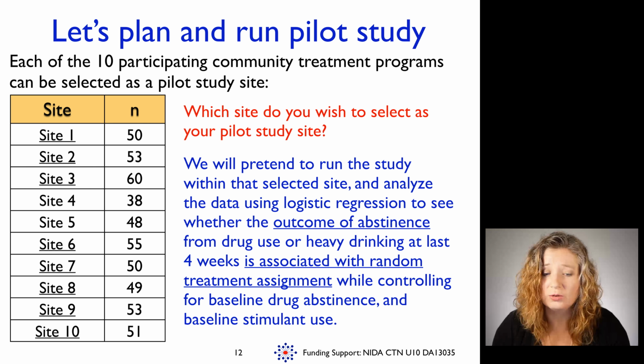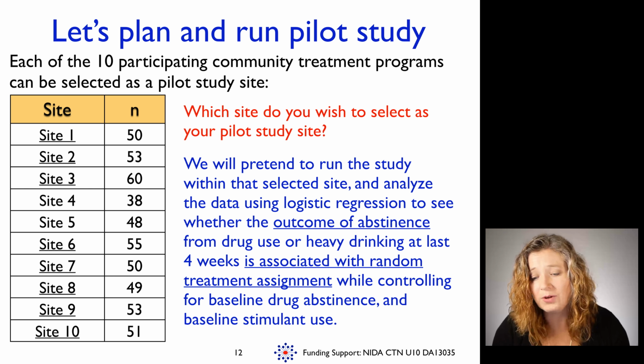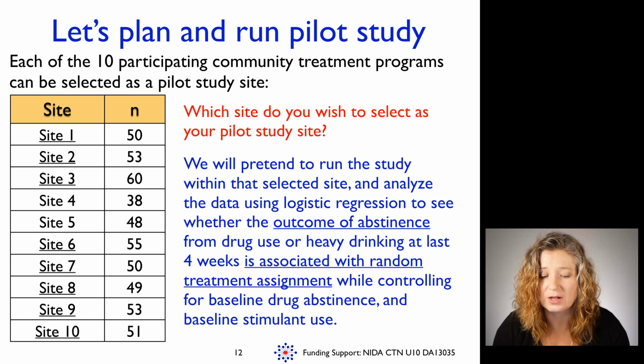We will pretend to run the study within the selected site and analyze the data using logistic regression, as we would otherwise, to see whether the outcome of abstinence from drug use or heavy drinking in the last 4 weeks is associated with random treatment assignments, and we will control for baseline drug abstinence and baseline stimulant use. So that is the analysis we would do.